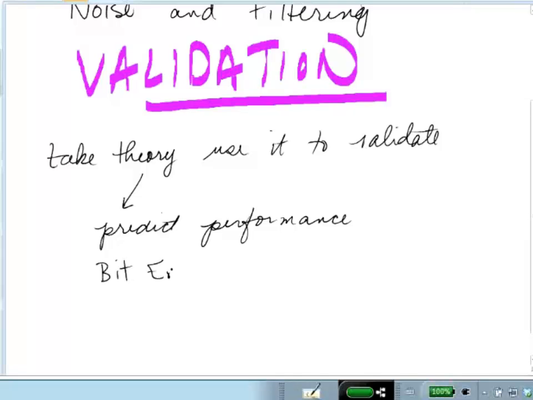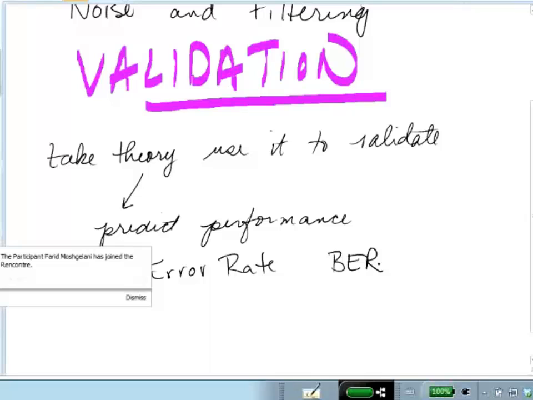So we'll be focusing a lot on how to calculate the bit error rate for a system, known of course as BER. Typically we'll plot this versus many different parameters. There are of course many other figures of merit of interest: spectral efficiency, throughput, many network criteria. But for this week, we'll be concentrating on bit error rate.